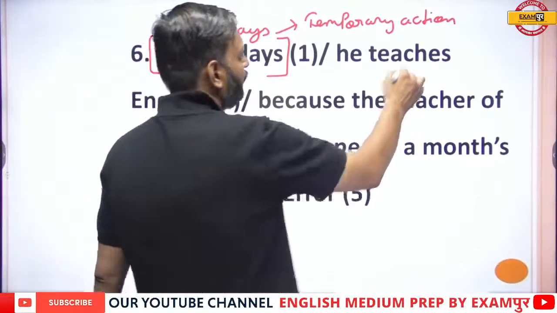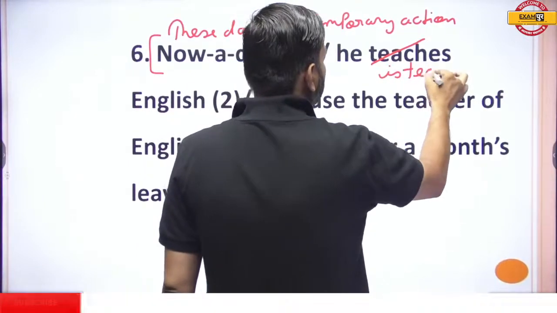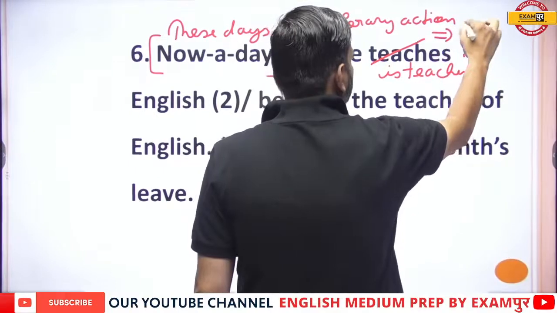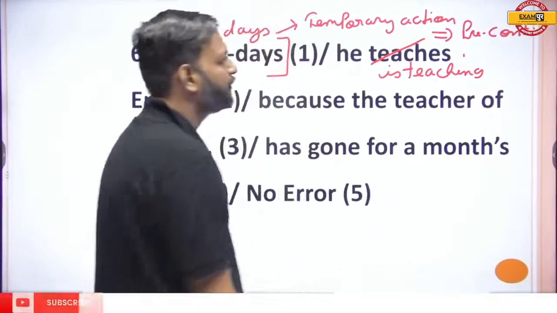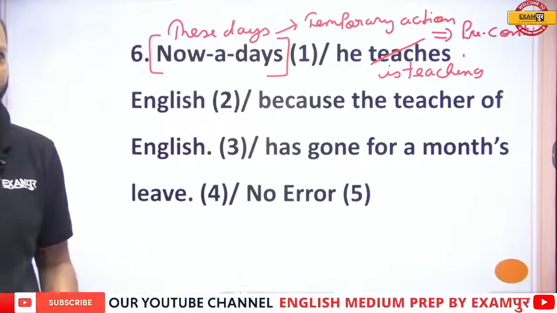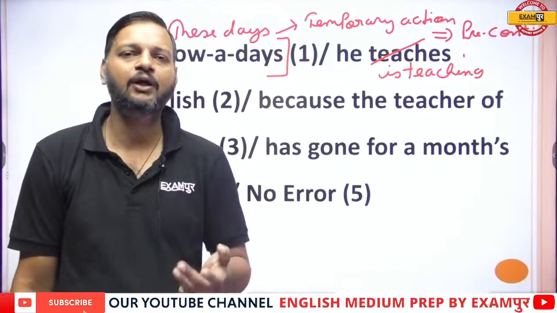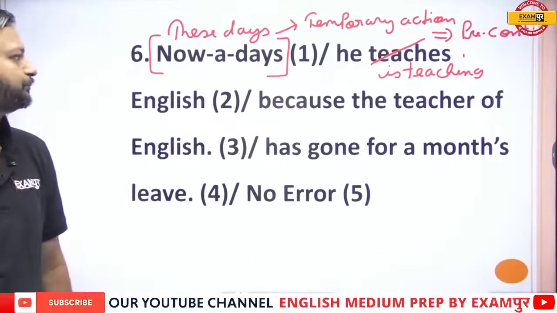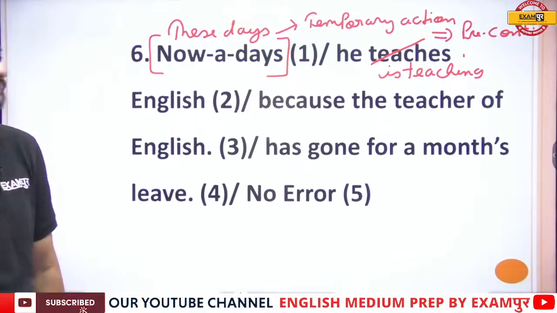So here in place of he teaches, we have to write he is teaching, because a temporary action is always present continuous. So whenever a sentence starts with nowadays or these days or now, it should be in present continuous tense. So in place of he teaches, you have to write he is teaching.